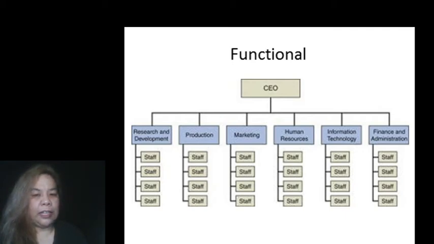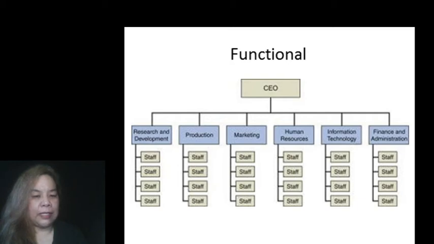So the functional type of organizational structure shows that members with similar skills are grouped together into functional departments such as production, marketing, finance, and human resources. So take a look at the illustration on the screen.